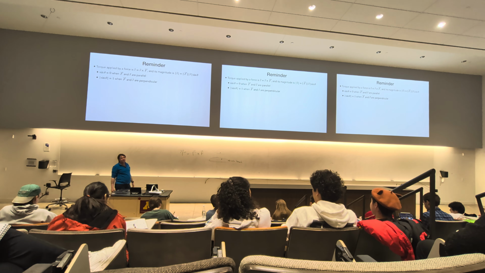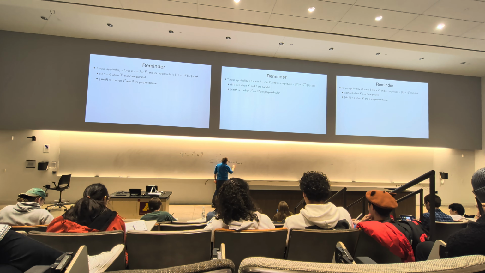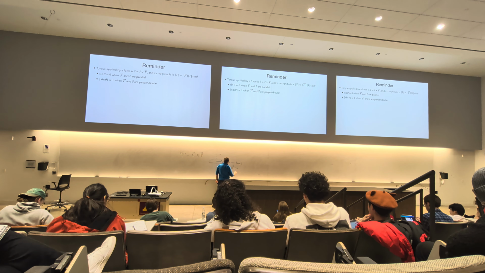The vector r is a vector drawn from the axis to the place where you apply the force. This is always true. That's how the r's are defined in these problems. And the magnitude of the vector r is capital R, the radius of the disk, in this case. Is that clear?